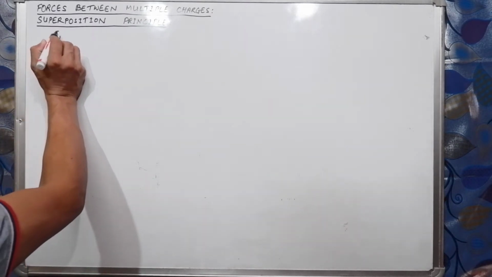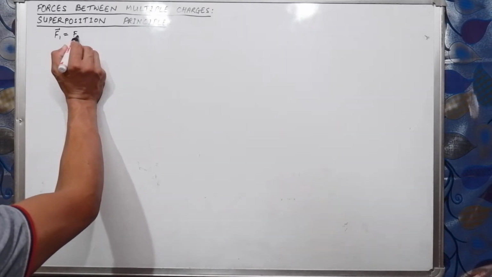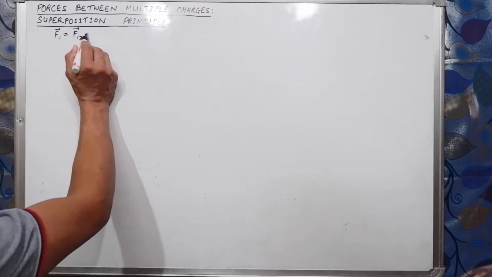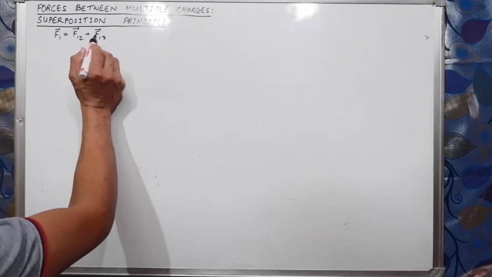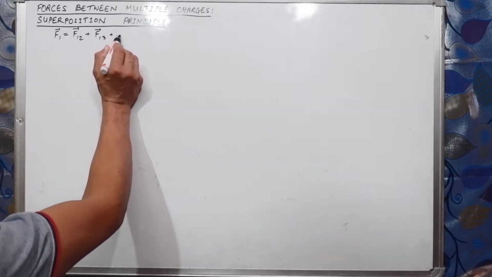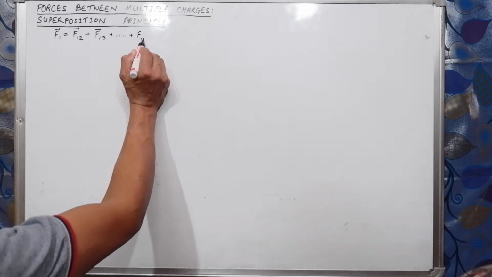Then we will add all these forces to get the total force acting on Q1. That is, we can say F1, the total force which is acting on Q1, will be equal to F12, force on Q1 due to Q2, plus F13, force on Q1 due to Q3, plus dot dot dot, up to force on Q1 due to Qn, F1n.